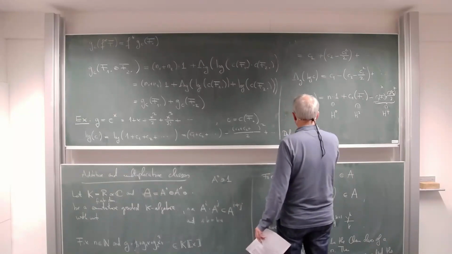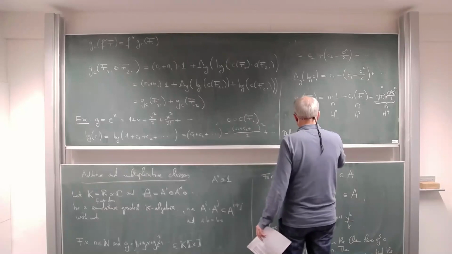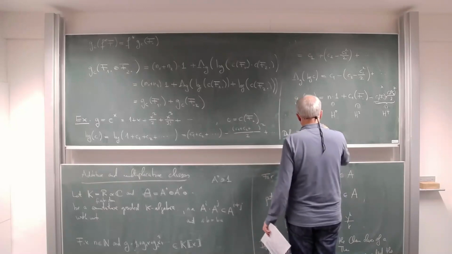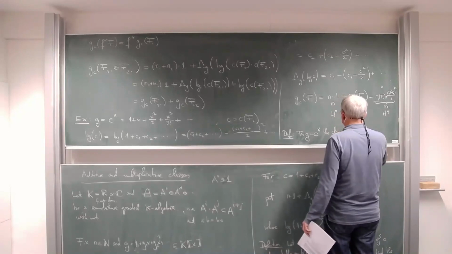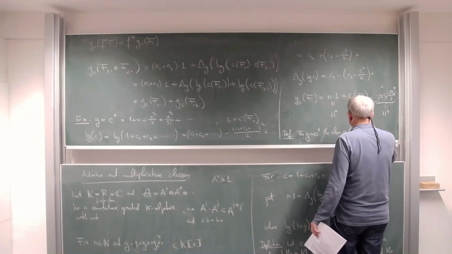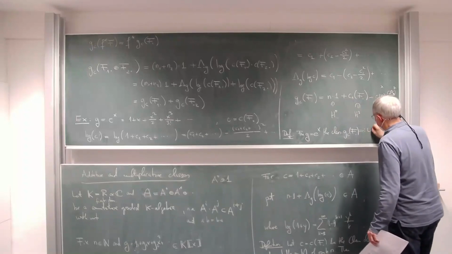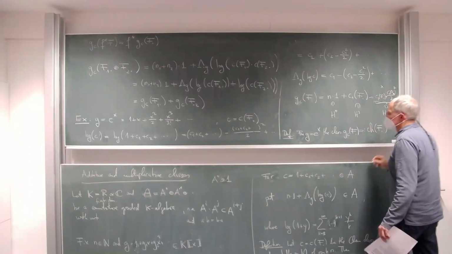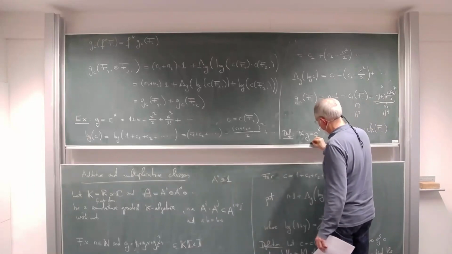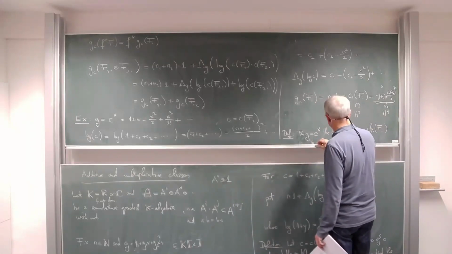Definition: G is here for the power series, the exponential series, the class G_C of F, which one then writes as ch(F), is called the Chern character, not the Chern class, but the Chern character.